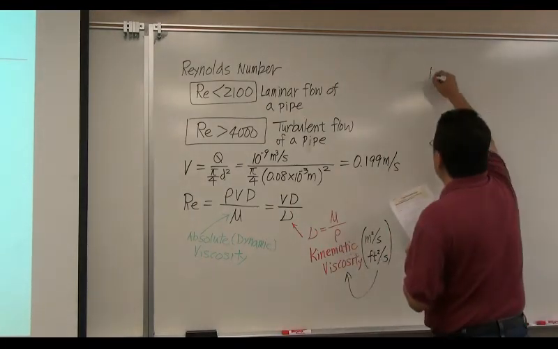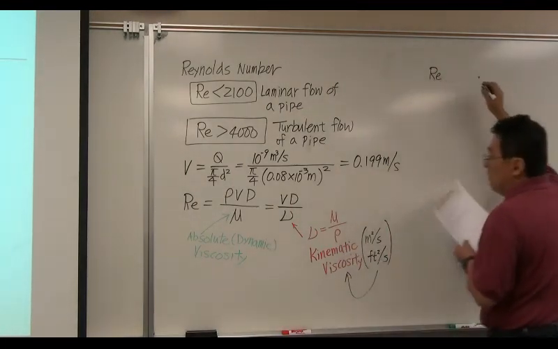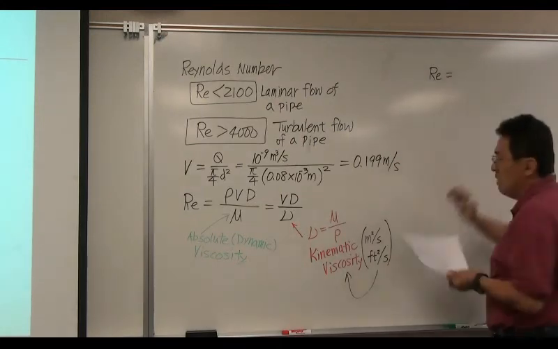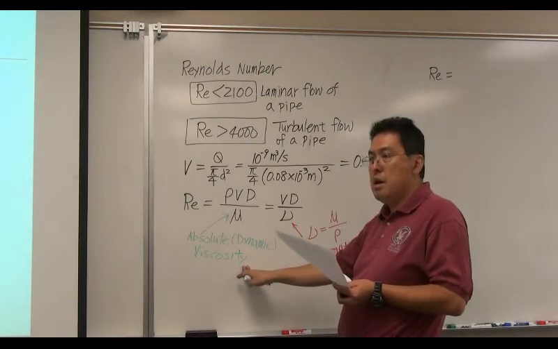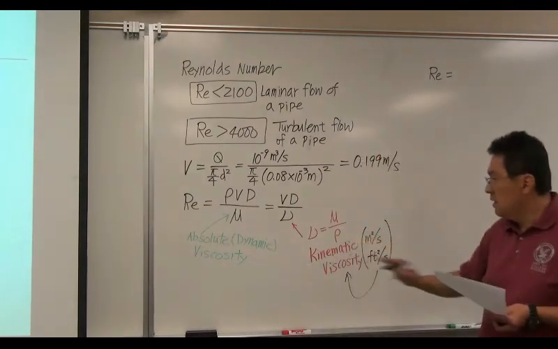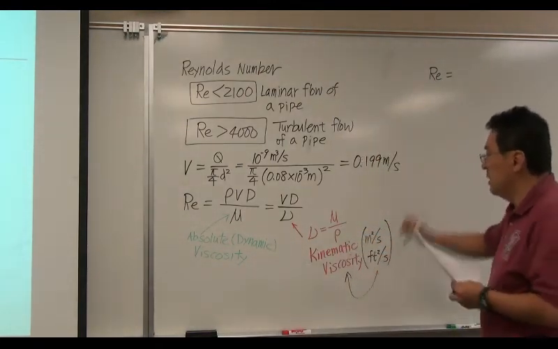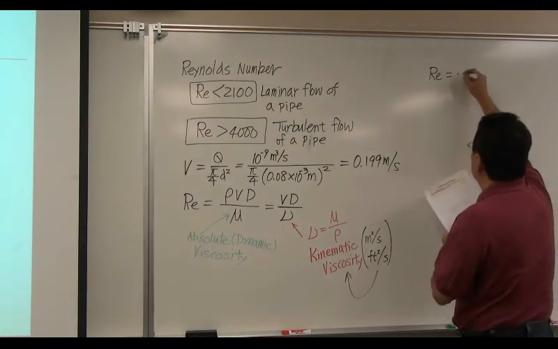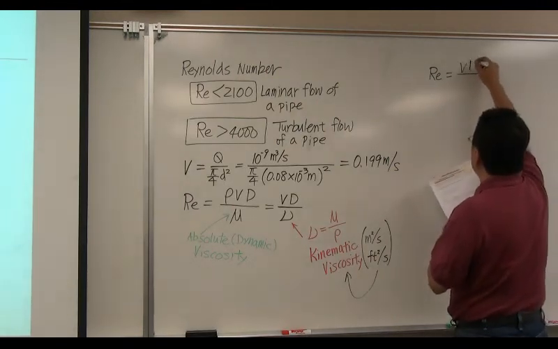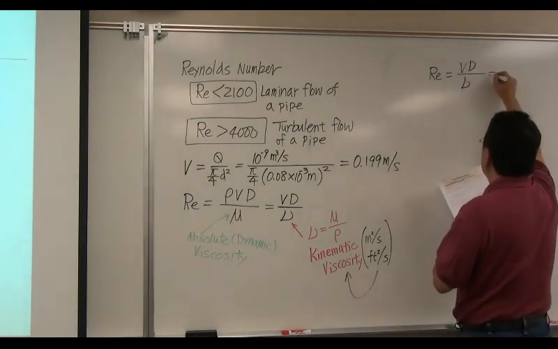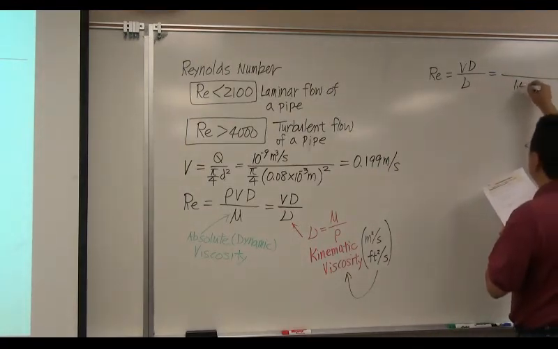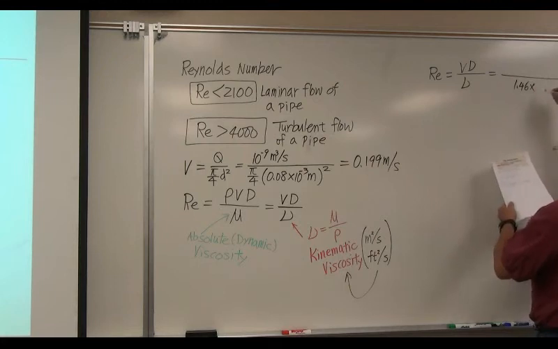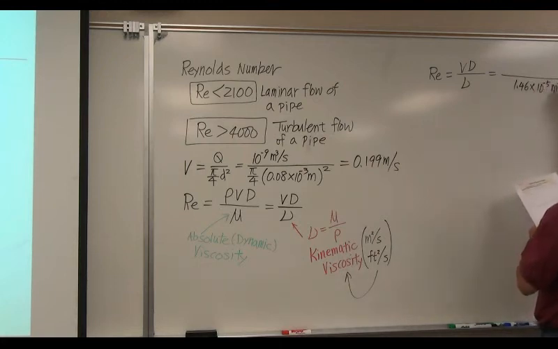Okay? So you can look up the table, property table, and find out both properties, either absolute dynamic viscosity of air or kinematic viscosity of air. So let's use the kinematic viscosity. Kinematic viscosity of air is 1.46 times 10 to minus 5 meters squared per second.